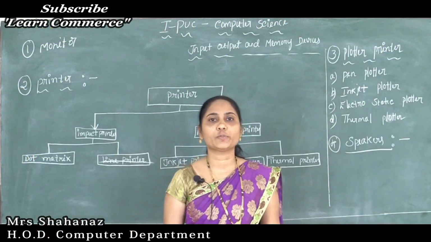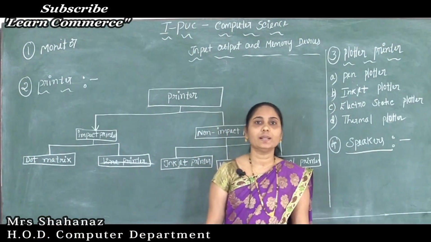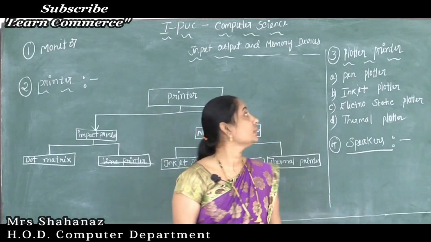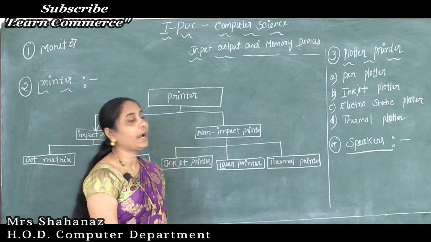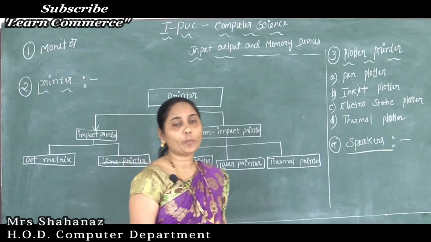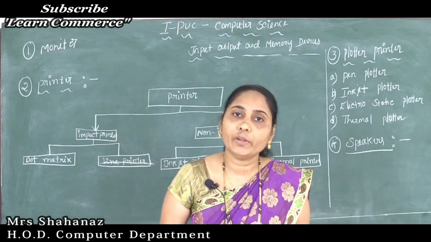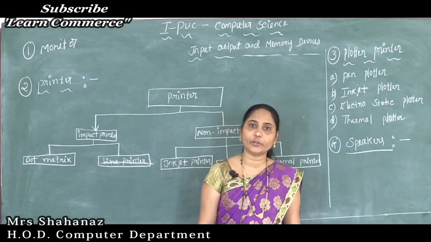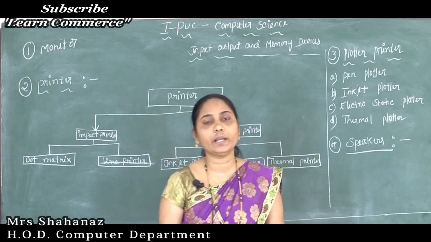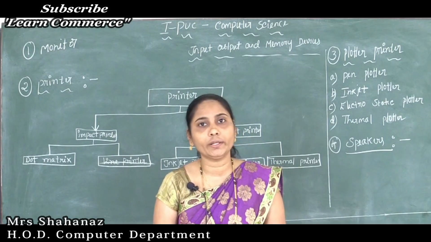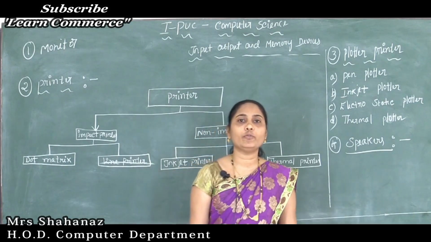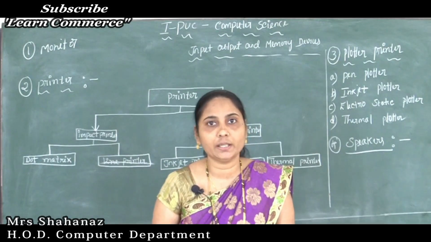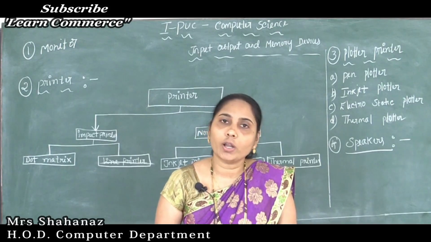Welcome to our first PU Computer Science online classes. In the last class, we completed some topics from input, output and memory devices. The topic is the monitor. We know some of the types of the monitor: CRT, cathode ray tube; LCD, liquid crystal display; TFT, thin film transistor; and also LED, light emitting diode.